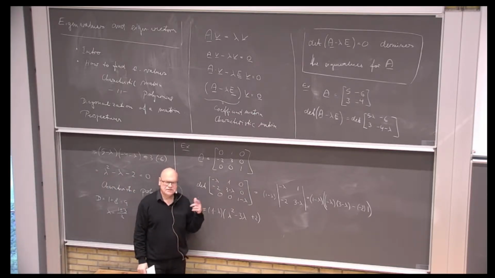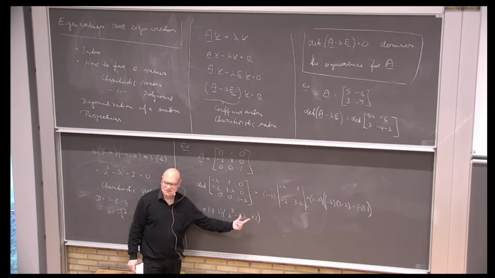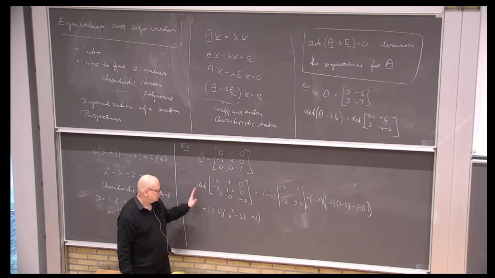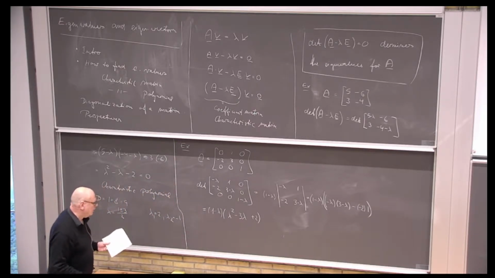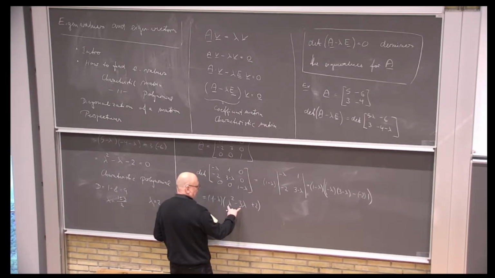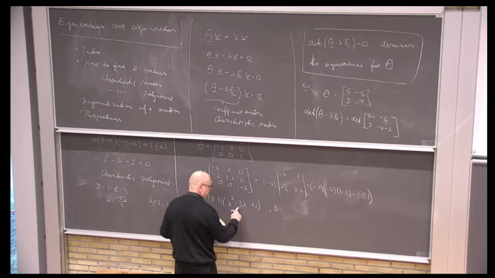And you see here it's a 3 by 3 matrix. So if I multiplied this into this bracket here, I would get a third order polynomial, a cubic polynomial. So that matches. Now, again, when I solve this, I could compute the discriminant.